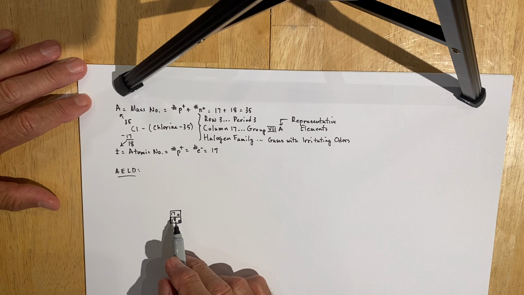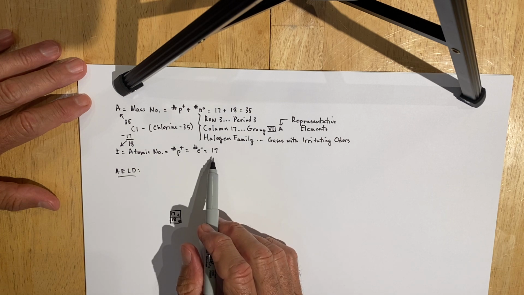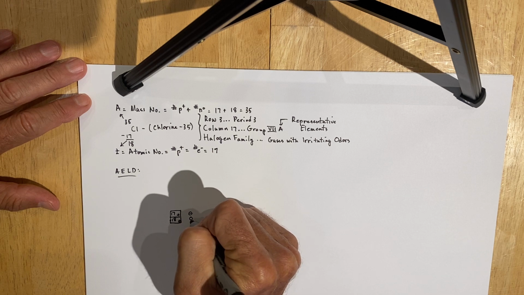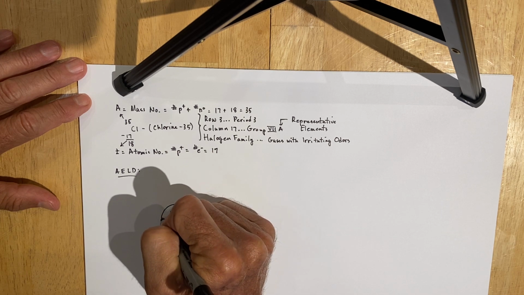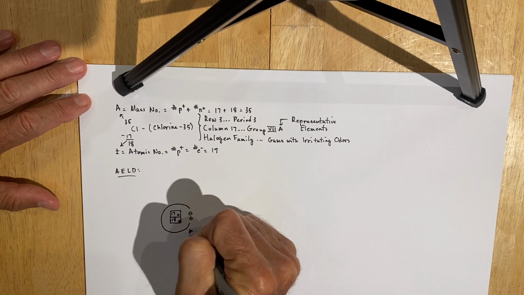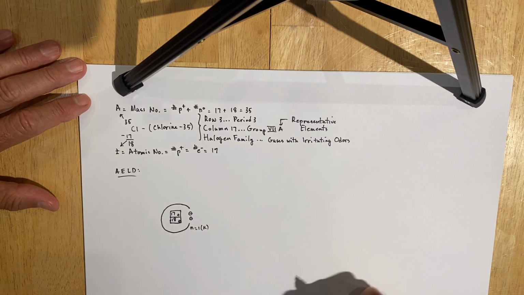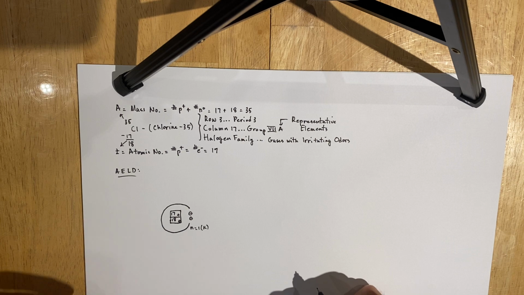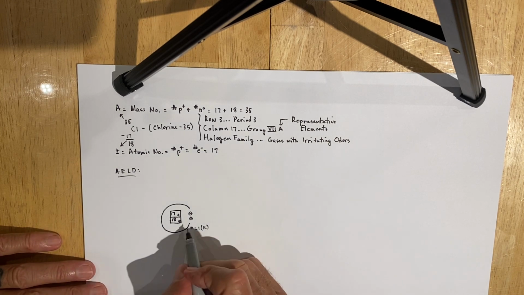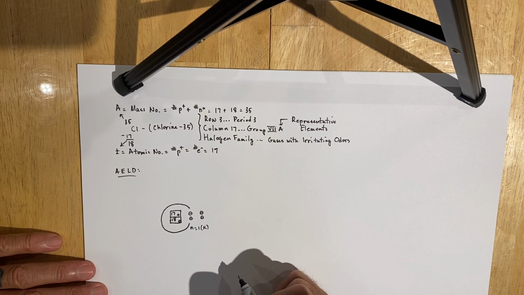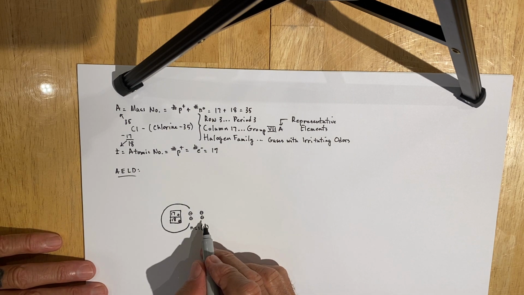We now set out about the daunting task of representing the 17 electrons in chlorine, the first 2 of which go on the n equals 1 energy level and an s sublevel. Again, the n equals 1 energy level is historically known as the K shell. Once you fill the 1s, by the Aufbau principle, you proceed to start filling the second energy level, placing 2 electrons in an orbital on an s sublevel.